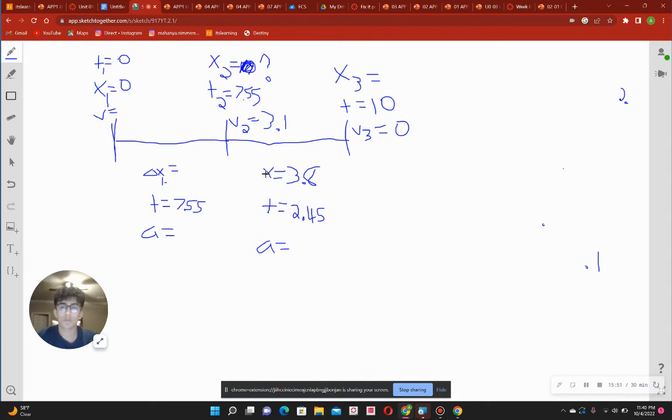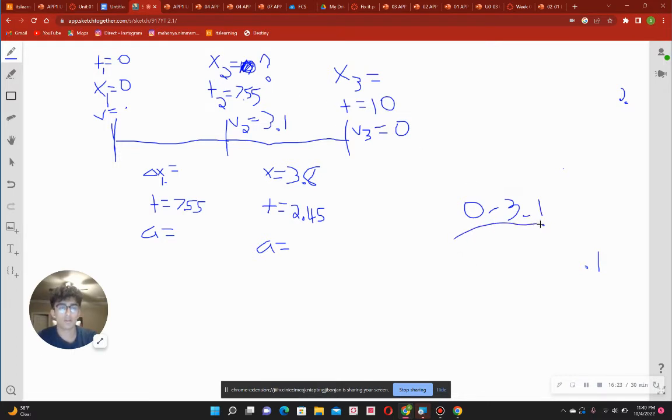And the change of velocity is from 3.1 to 0, so final minus initial. I'm basically just doing the change in velocity first, because as you can see, we go from 3.1 to 0.